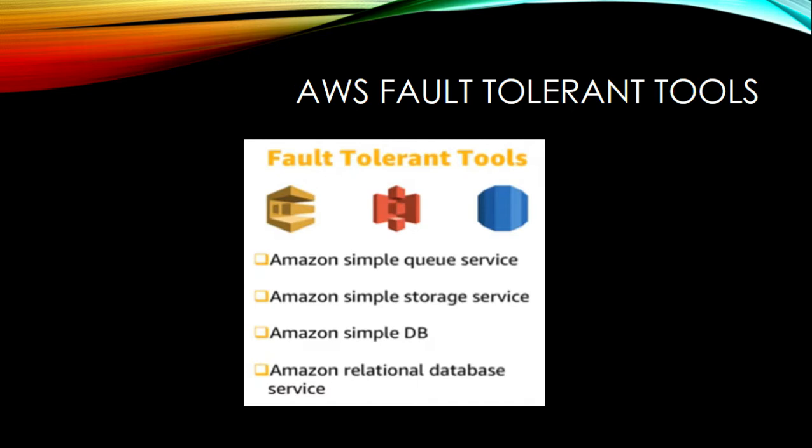Now, all of these different services are highly reliable, highly durable, and fault-tolerant tools for your application to ensure high availability and fault tolerance. One more aspect is that building a fault-tolerant and highly available architecture doesn't have to be difficult.